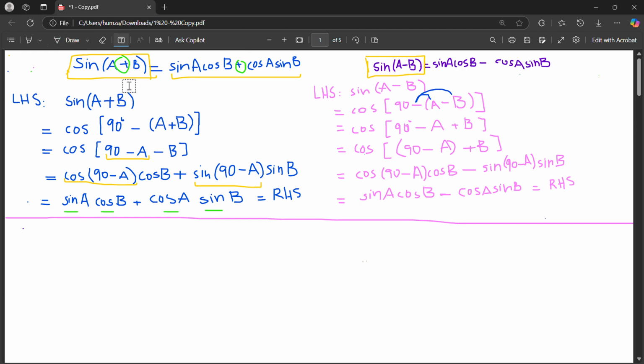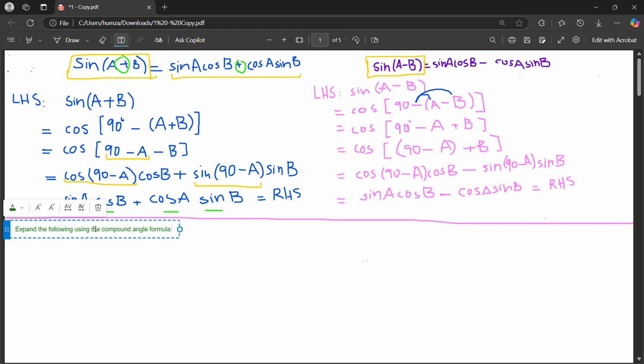We are going to look at how to expand each of the following different types of angles using the compound angle formula. So let's quickly write the question. It says expand the following using the compound angle formula.